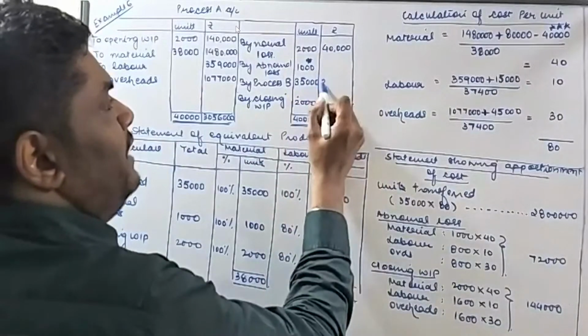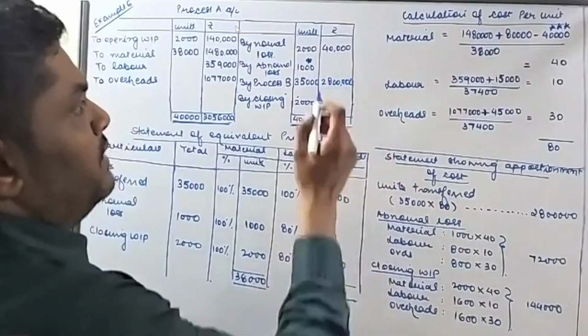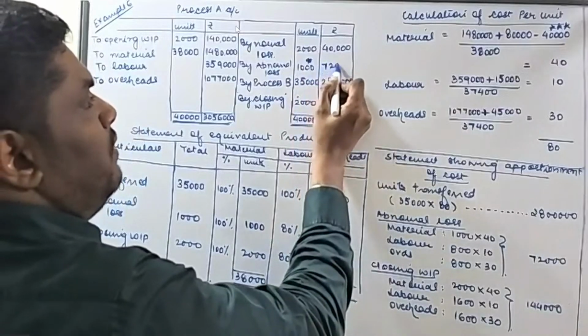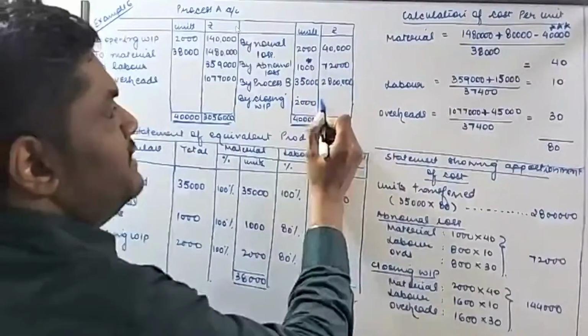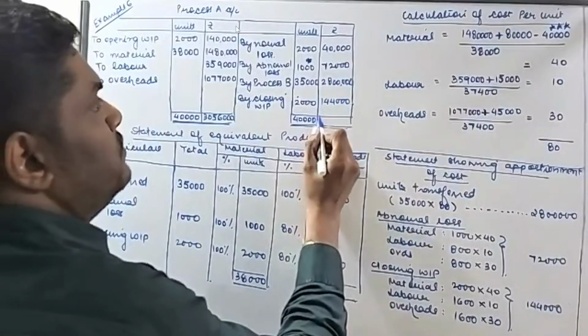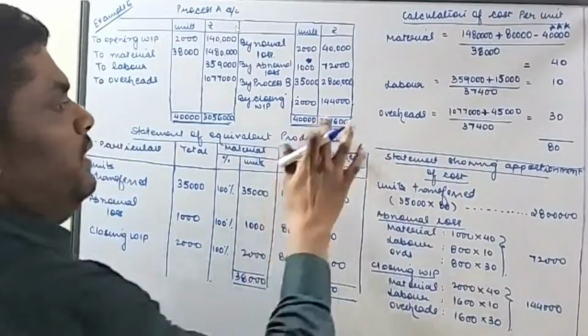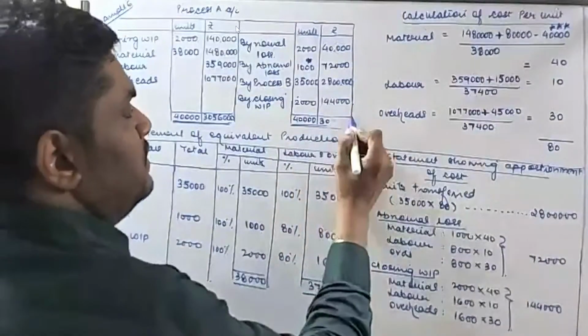So this is 28 lakh. This is 72,000. And this is 1,44,000. This will be 30,16,000. Sorry, 30,56,000.